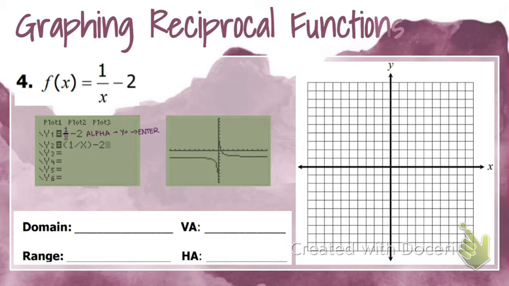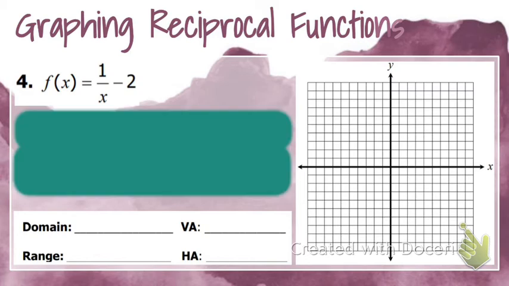And what I want to see on your graph is these asymptotes drawn on there. Even if we didn't have the graphing calculator part yet, we can see from our function what our asymptotes are.